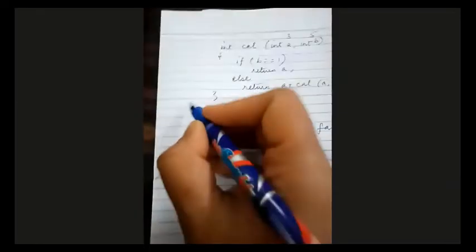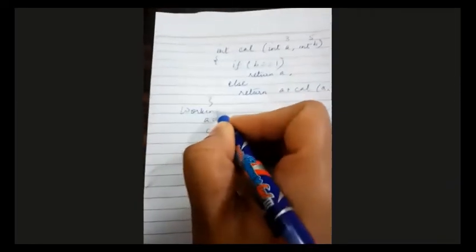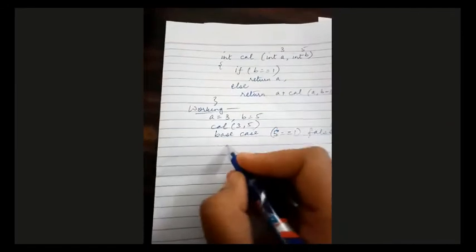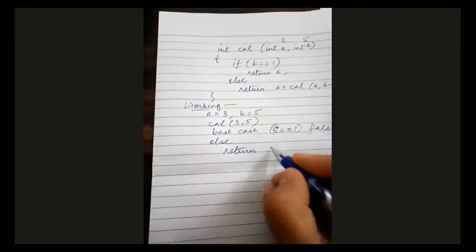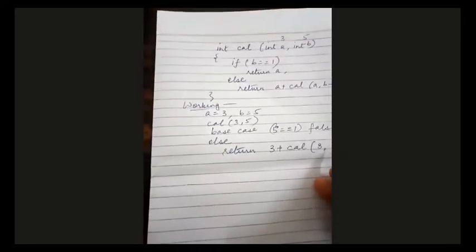I am writing the working here. Then it goes to the else part. Return a, which is 3, plus the cal function is called again with the value 3 and b minus 1, that is 4. So this is the working, 3 comma 4.